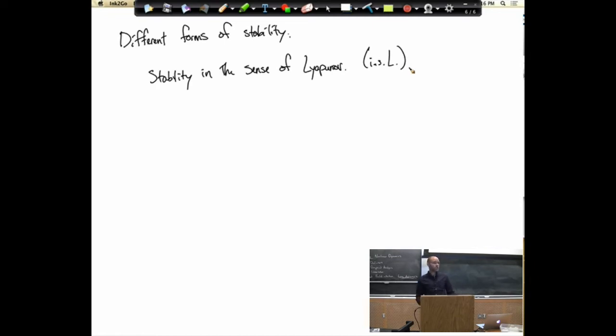How many people know what Lyapunov stability is all about? All right, what's a good definition for Lyapunov stability? So that's a mechanism for proving Lyapunov stability. The definition is even simpler. You don't need a function to define Lyapunov stability.